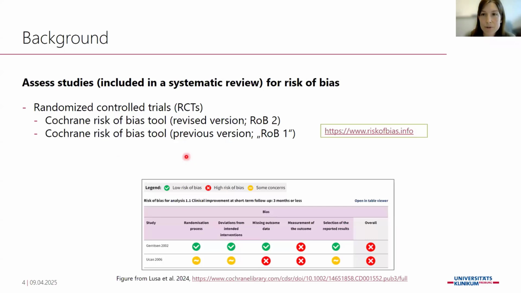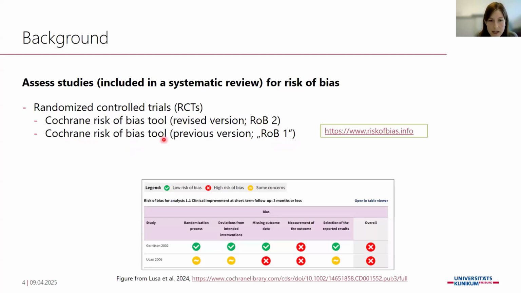So I will mainly focus on the ROB2 tool, but I would also like to mention that there's a previous version of this Cochrane risk of bias tool, also sometimes called ROB1, which is not really recommended to use today, but it still gets used quite often. Therefore, this also will be a topic today in this talk.